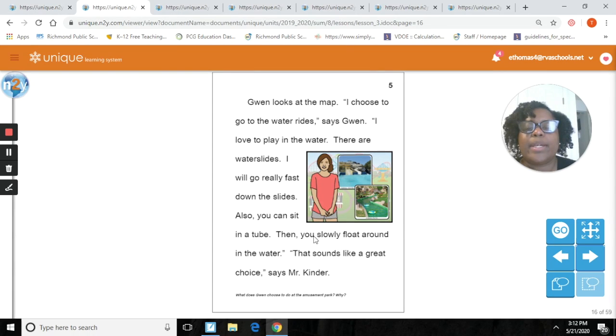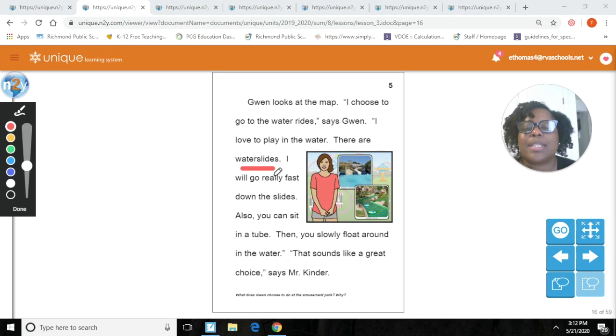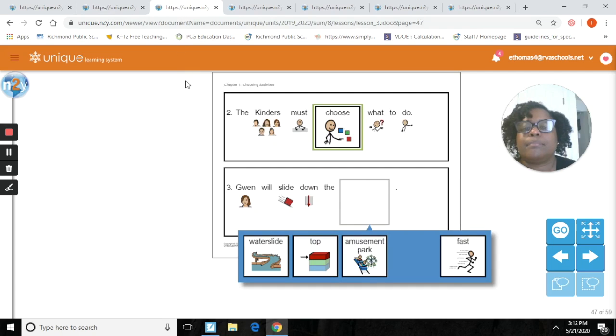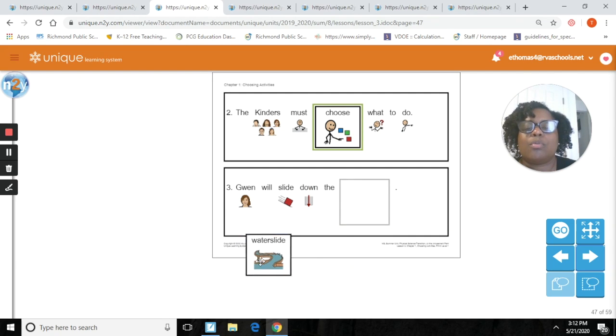Now what is Gwen going to do? She says, "There are the water slides. I really want to go down fast on the slides." Okay? So she's going to slide down what? The water slide.